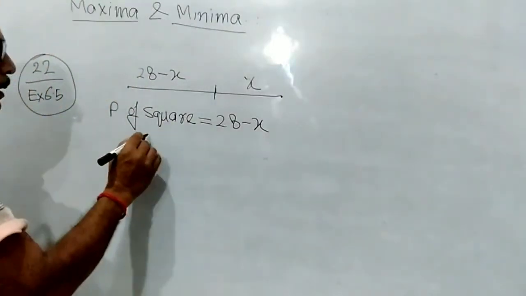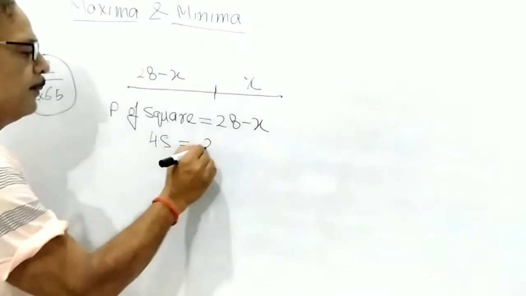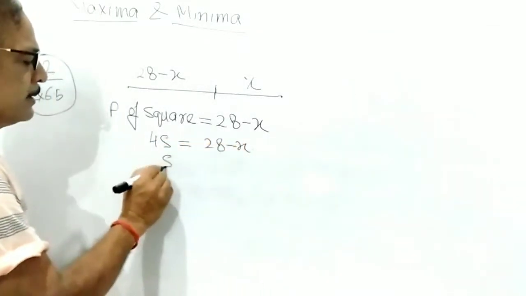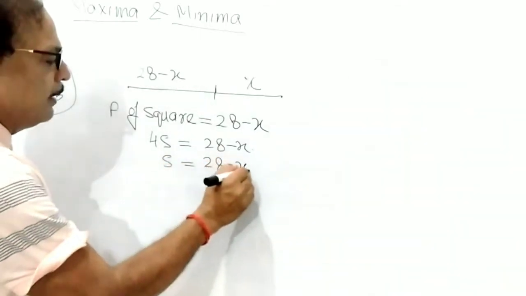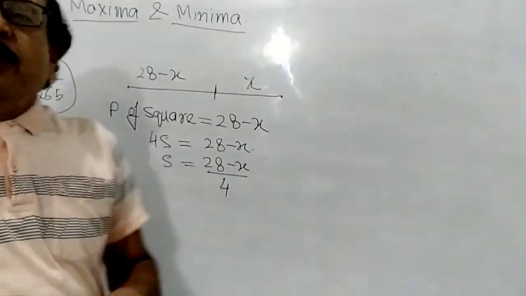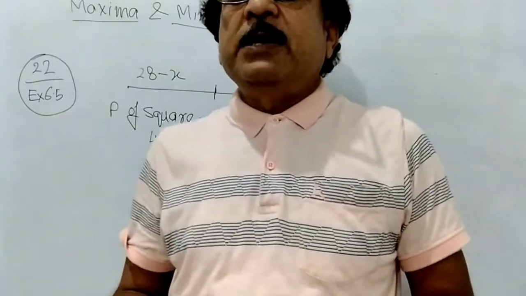That is 4S. So 4S is 28 minus X, and S, one side of the square, is 28 minus X by 4. First, we find one side of the square.